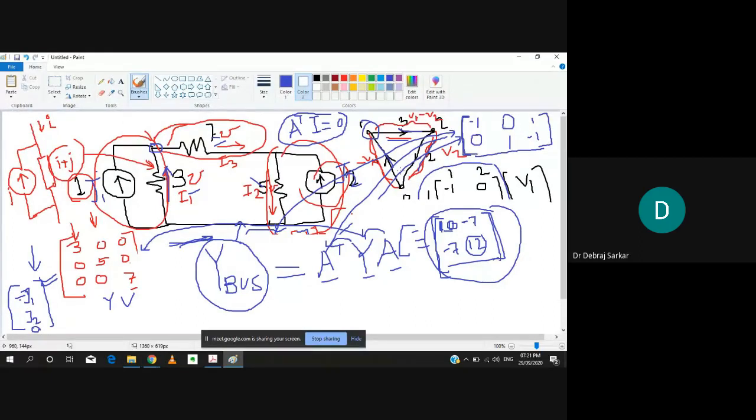Tomorrow I'll come to a different topic, where we are going to solve the power flow. We have now talked about the Y bus. Now we'll talk about the power flow, how we calculate the power. So we'll go through that.